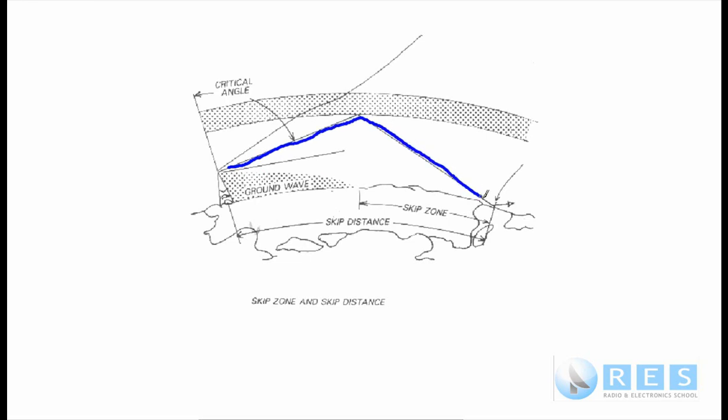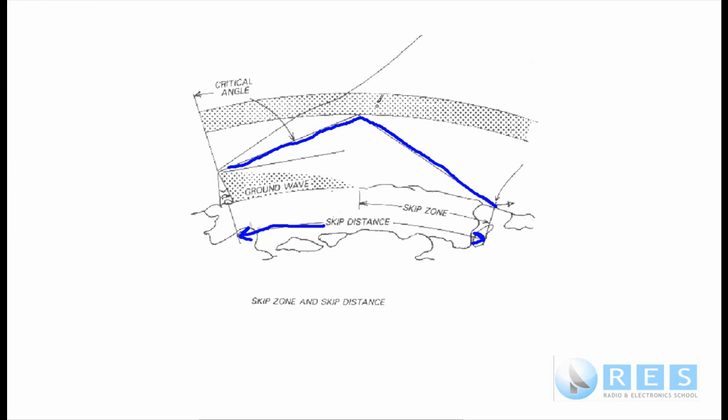So the distance from the transmitter to where the sky wave first returns to Earth, the first hop, is called the skip distance. The higher the frequency, the longer that skip distance will be. On 80 metres, the skip distance is very short. On 10 metres, the skip distance is much longer.